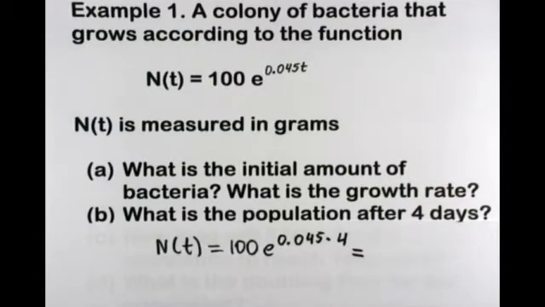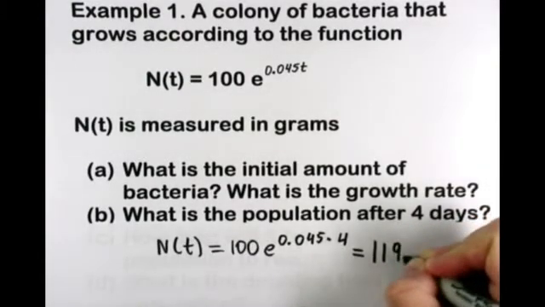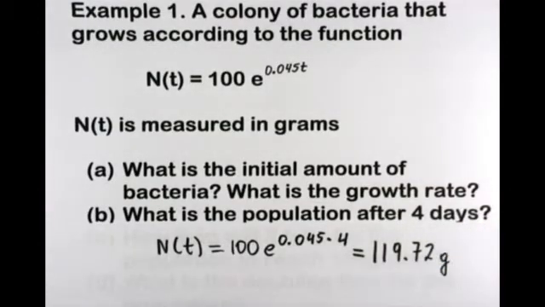Now we can punch everything into the calculator, and we are getting 119.72 grams. So after 4 days there were 119.72 grams of bacteria, because the population is measured in grams.